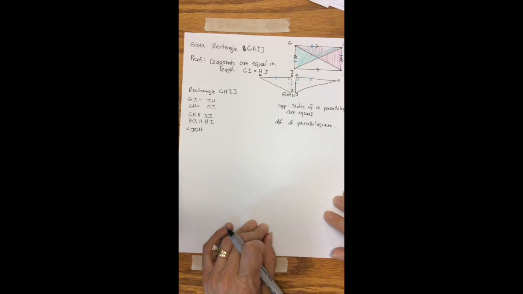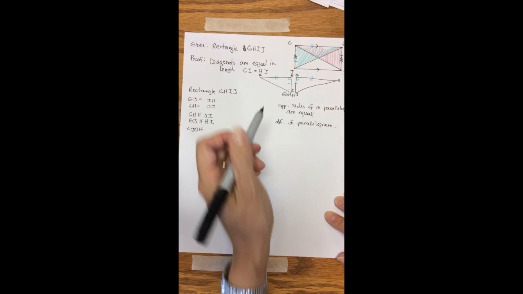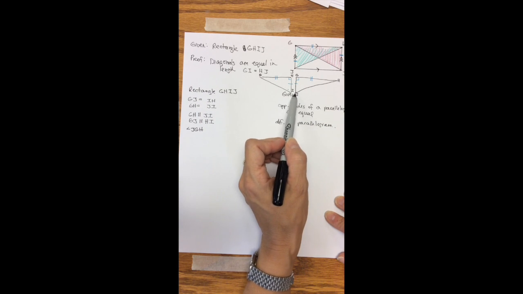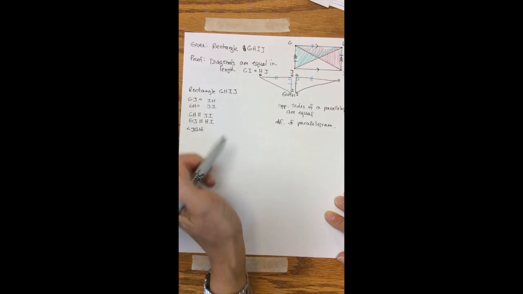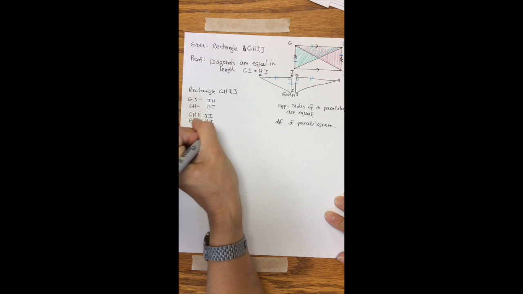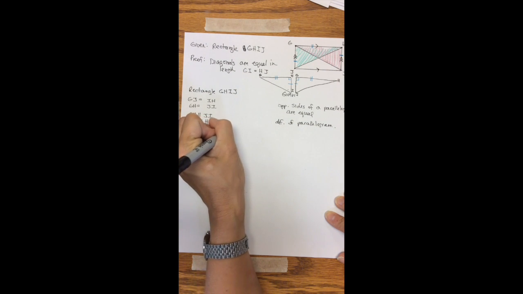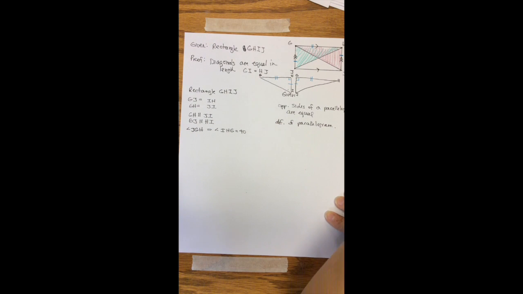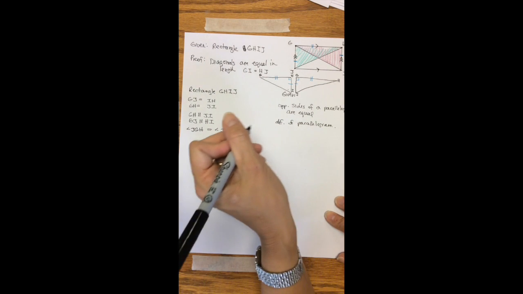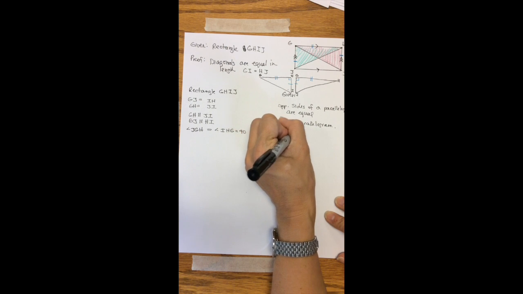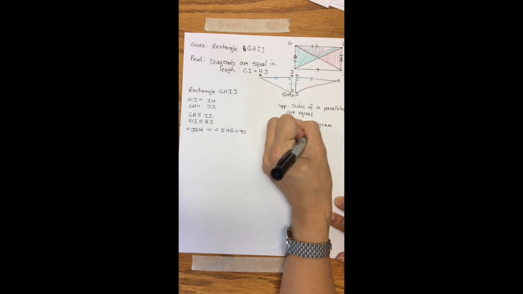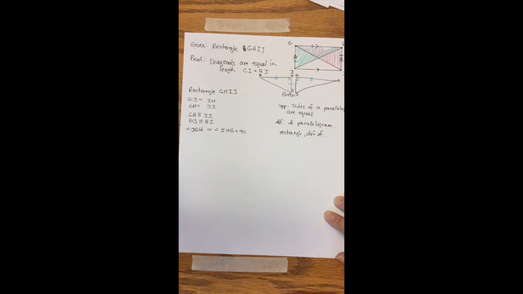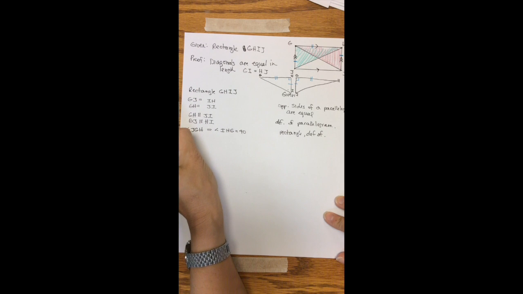Sorry, my alarm went off. I just did angle JGH, and angle IHG is equal to 90 degrees because it's a rectangle. Definition of rectangle. All the angles are going to be 90 degrees. So now we know that the triangles are congruent.